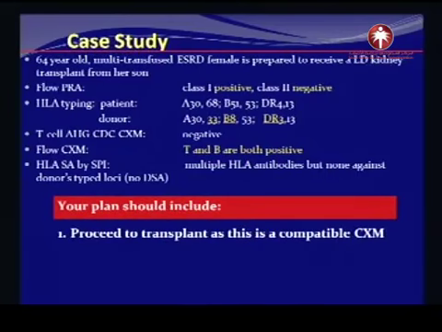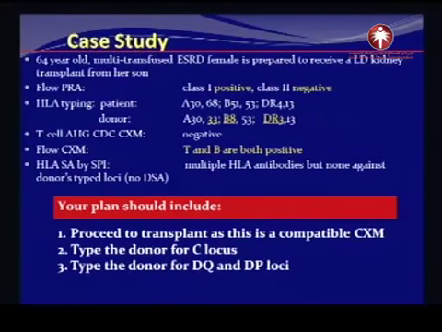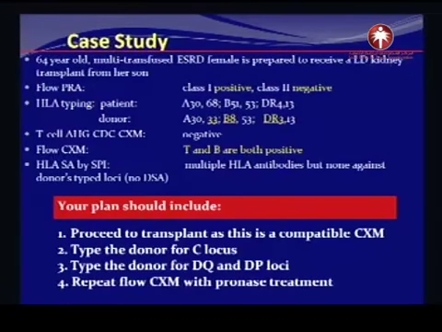Now, your plan should include: proceed to transplant, as this is a compatible cross-match; type the donor for C locus; type the donor for DQ and DP loci; repeat flow cross-match with pronase treatment. Repeat the answers.